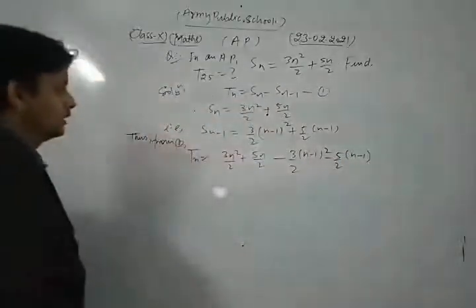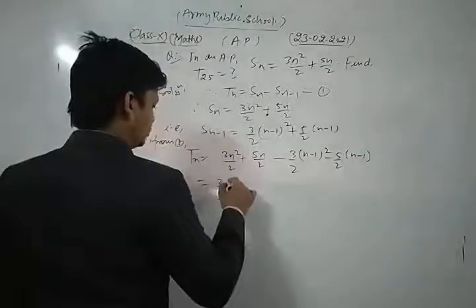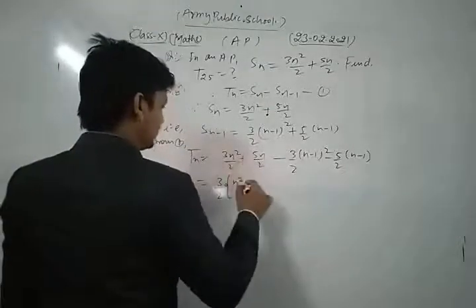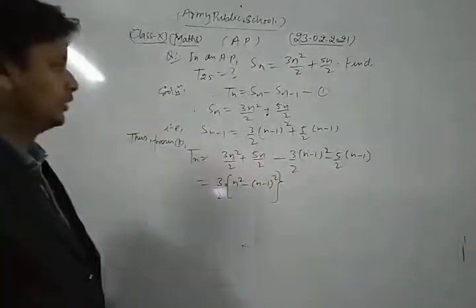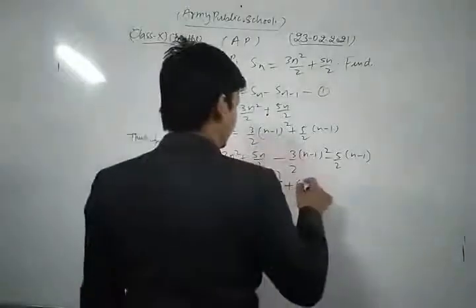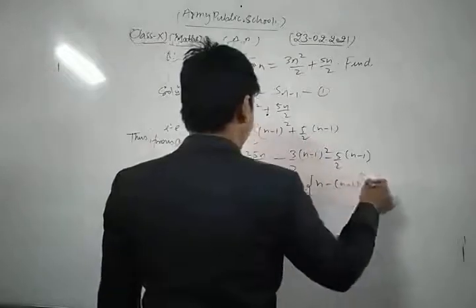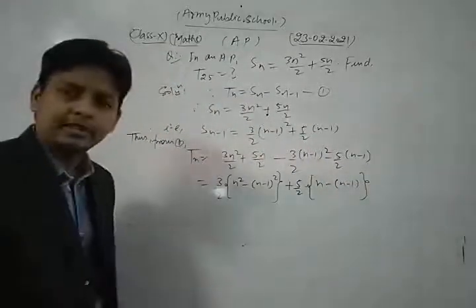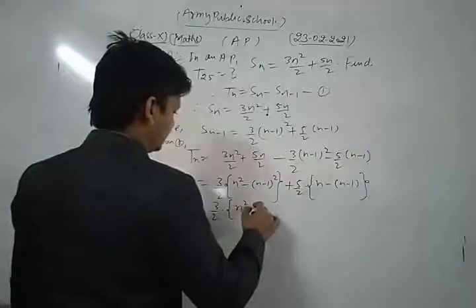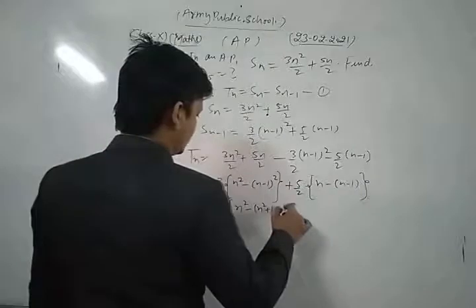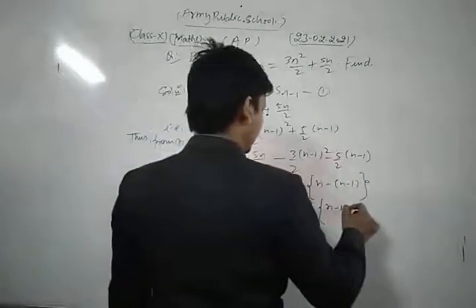Now we take 3 by 2 common, so we get n square minus (n minus 1) whole square. Okay dear friends, now from the other part take 5 by 2 as common, so we get n minus (n minus 1). Now we simplify them. So we get 3 by 2 into n square minus a square plus b square minus 2ab, plus 5 by 2, we break the brackets, n minus n plus 1.